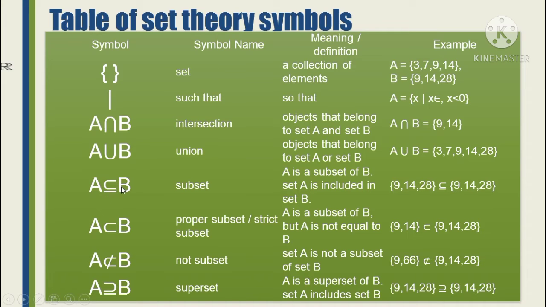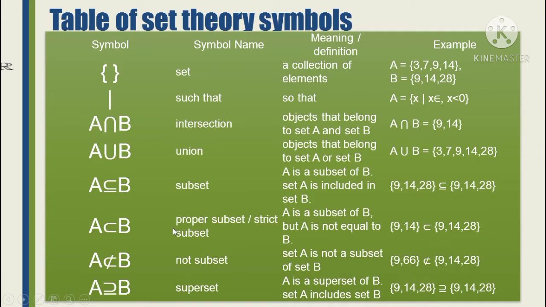A is a subset of B, where set A is included in set B. So, sabi si A daw, yung element daw ni A ay kasama sa set B. Example natin is 9, 14, 28 subset or equal 9, 14, 28. So, equal siya, class. Para lang pala siya dyan.